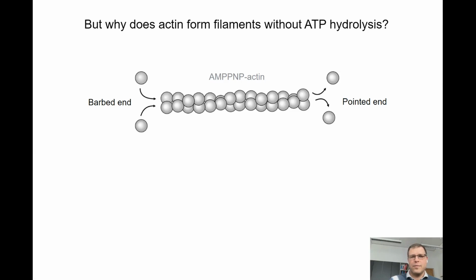In fact, usually for polymerization, actin needs to bind divalent cations. And in order to keep it monomeric, actin is usually kept in a calcium solution. And then for polymerization, you exchange the calcium for magnesium. And calcium actin has different polymerization rate constants than magnesium actin.